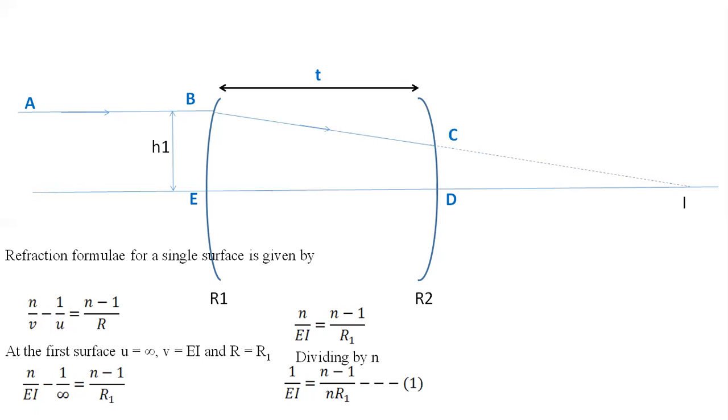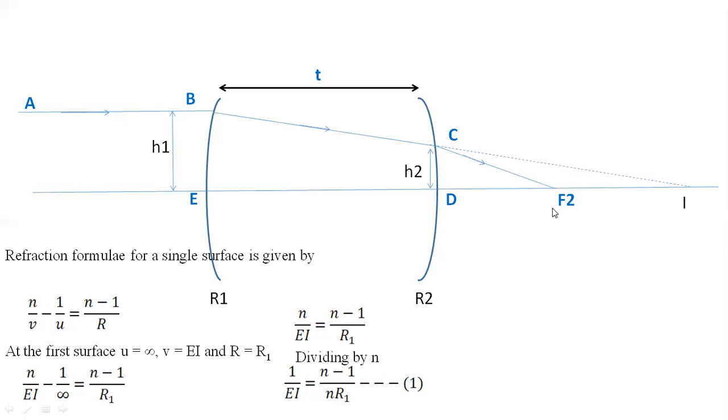Now look at the diagram here. PC is the refracted light from the first surface, which is incident on the second surface. Then it refracts, because the BC is incident at a height h2 above the principal axis. After refraction from the second surface, it meets the principal axis at point F2.